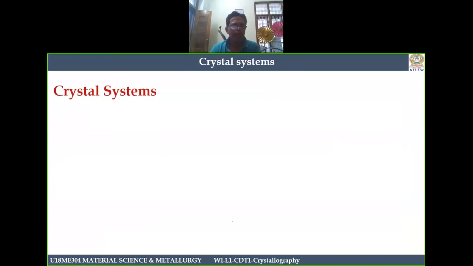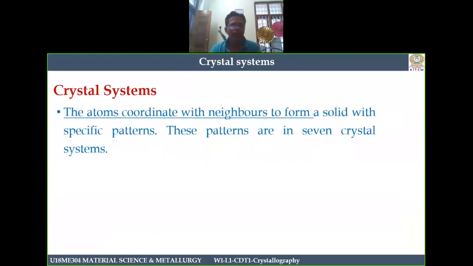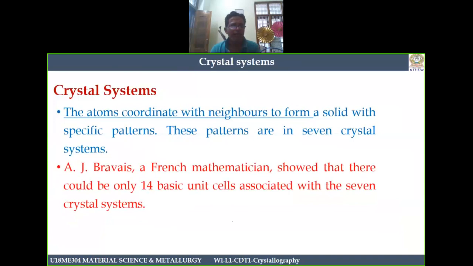Now, what are the crystal systems? The atoms coordinate with neighbors to form a solid with specific patterns. These patterns are in 7 crystal systems. A. J. Bravais, a French mathematician, showed that there could be only 14 possible basic unit cells associated with the 7 crystal systems.